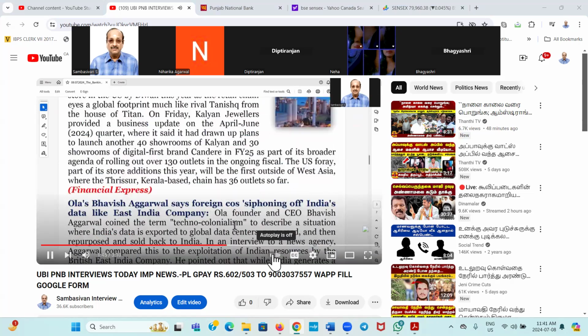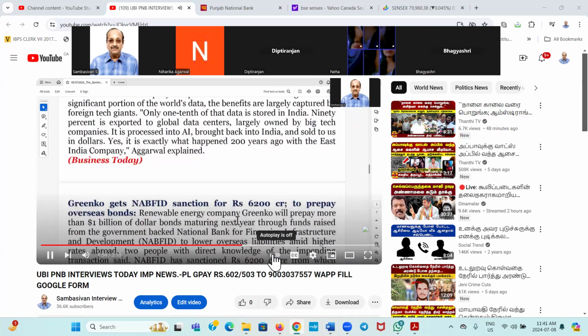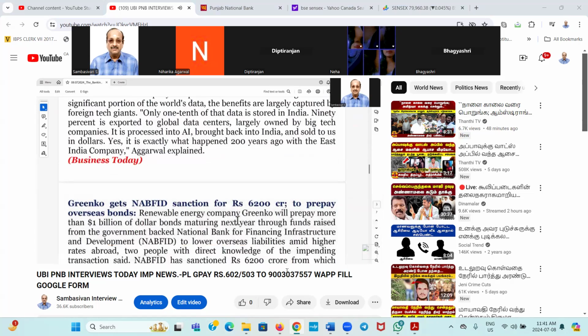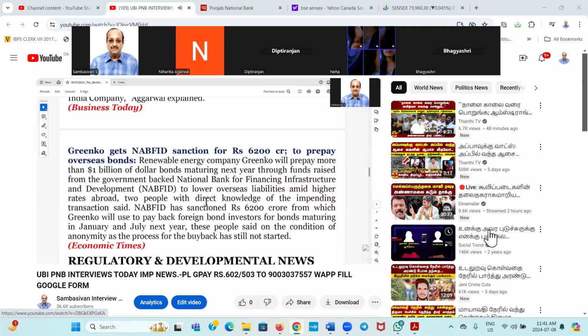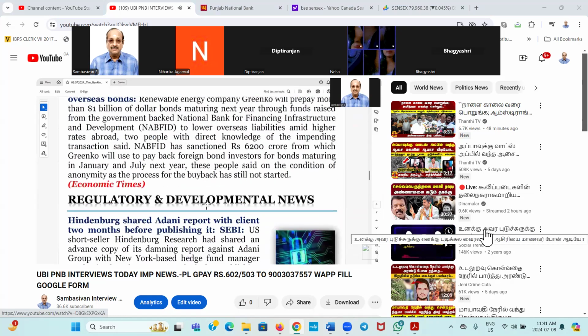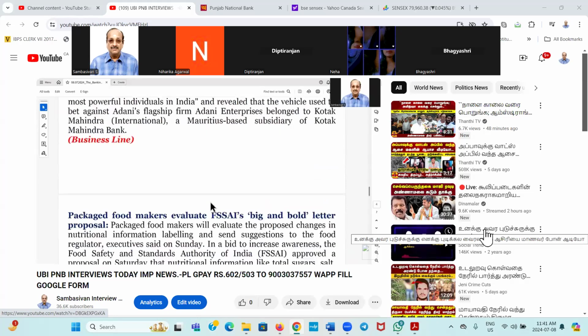Ola's Bhavish Agarwal says foreign companies siphoning off India's data like East India Company. Greenco gets NAB FID sanction for rupees 6,200 crore to prepay overseas bonds. Hindenburg shared Adani's report with the client 2 months before publishing it, says SEBI. Packaged food makers evaluate FSSAI's big and bold letter proposal.